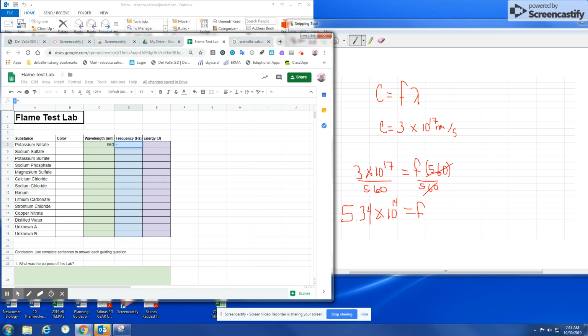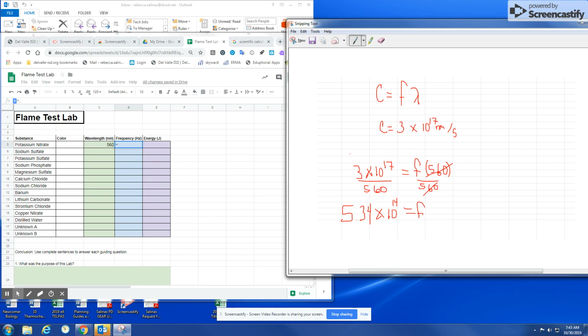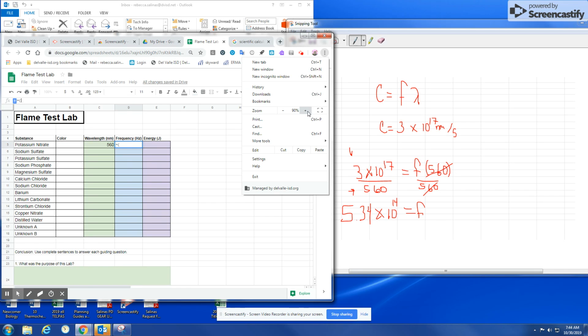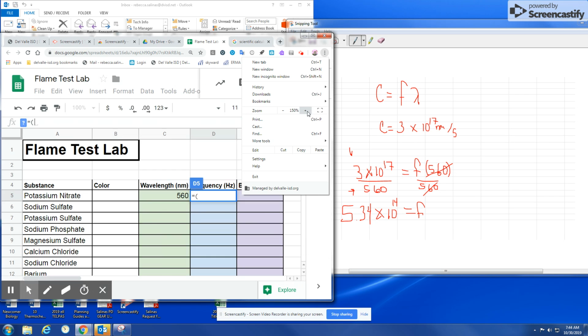What I really ended up doing here is I took the speed of light and I divided it by that wavelength. So let's just set up a formula that will do that for me. So I'm going to type in the speed of light. Let me zoom in so this will look nice and big on y'all's screens.